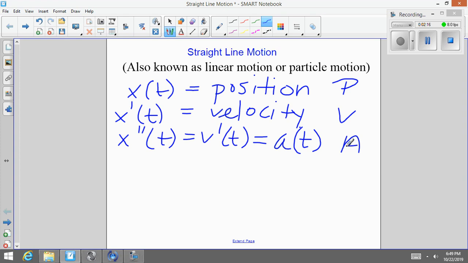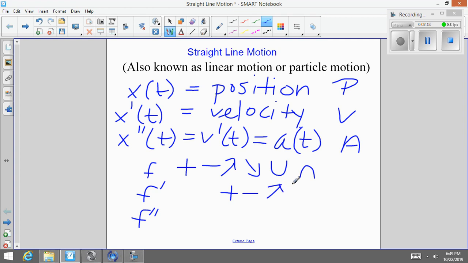Okay, now you guys, graphically, we can just relate this to the fun chart. So remember the fun chart, which goes F, F prime, F double prime, and it goes plus, minus, increase, decrease, concave up, concave down, plus, minus, increase, decrease.